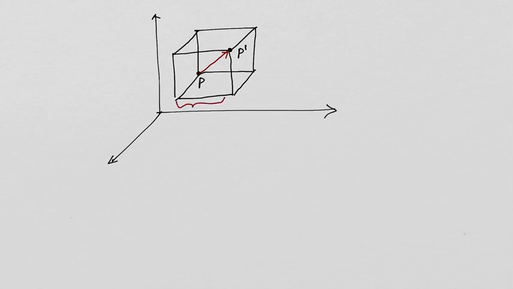Let me tell you one thing: the length parallel to the y axis is dy, the side length parallel to the x axis is dx, and the height parallel to the z axis is dz. dx is the differential length along or parallel to the x direction. dy is the differential length in the y direction. dz is the differential length in the z direction.